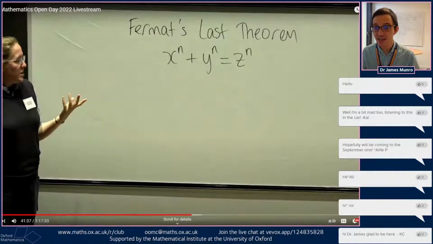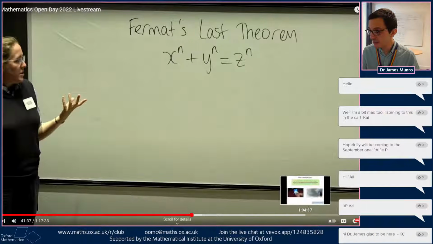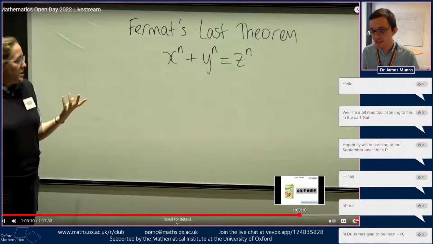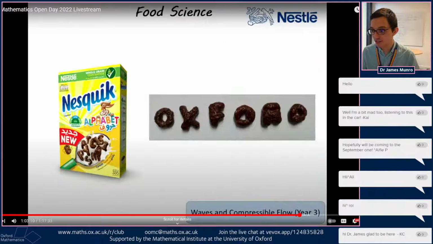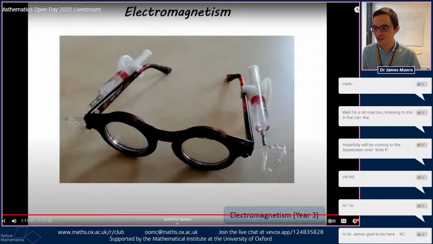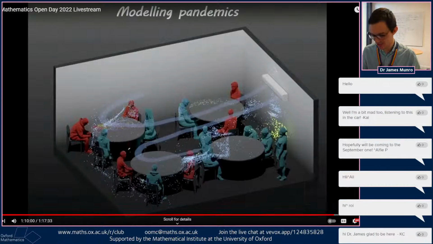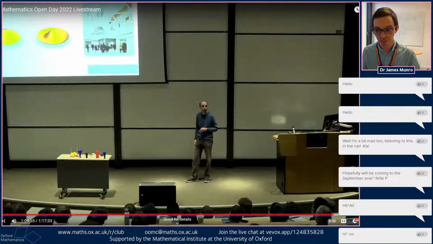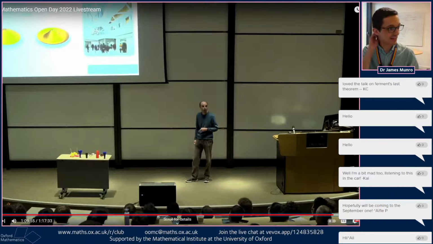Thank you, Vicky. So Vicky did a talk about pure mathematics. We had a talk by Ian talking about applied mathematics. There's Oxford spelled out of Nesquik letters and other applications of mathematics like these elephants and ants on swings and things. Ian's talk has lots of interesting props that he brought along and demonstrated. Let's see if we can find the table of props in here somewhere. Oh my goodness me. So table of props and things going on in the applied talks as well.